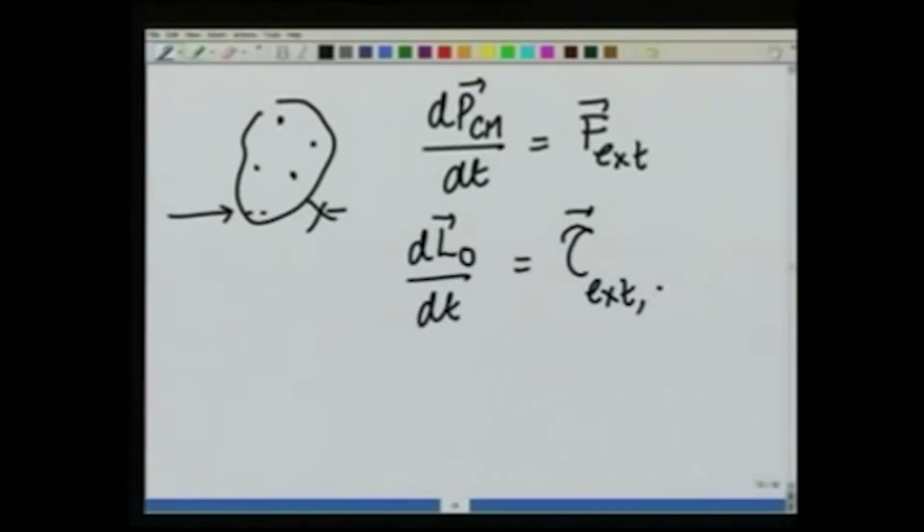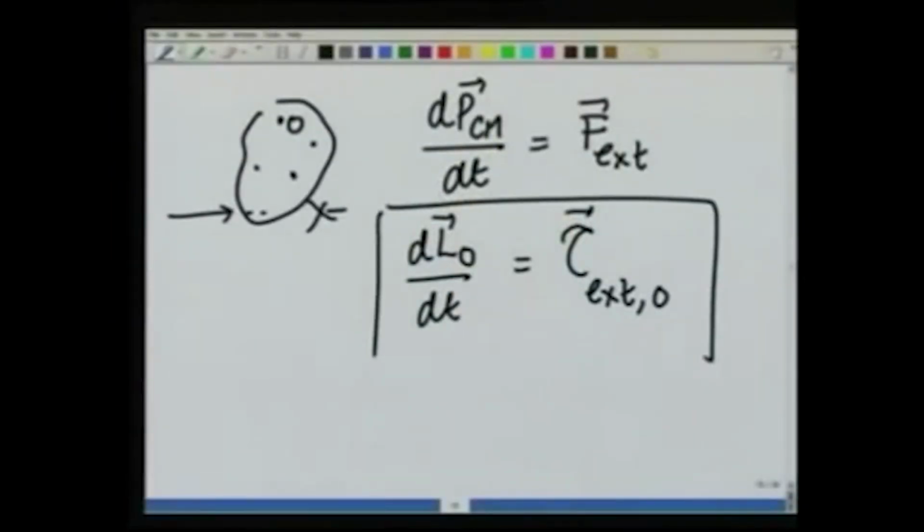Let us call this point O. Could O be any point? Should O be Cm? Should O be a particular point specified by certain conditions? We do not know, but we do wish to apply this equation to describe its orientation change.